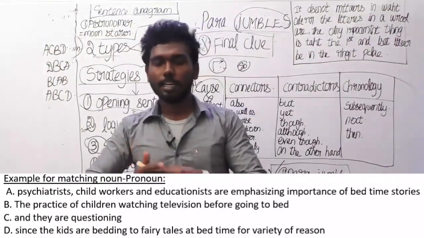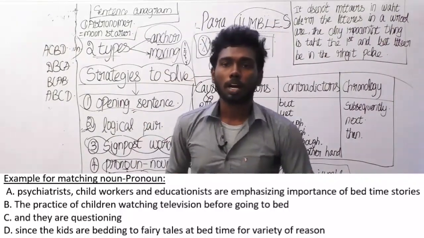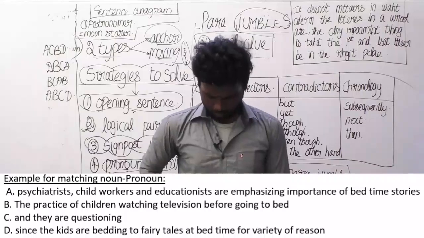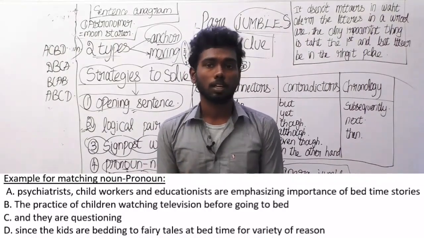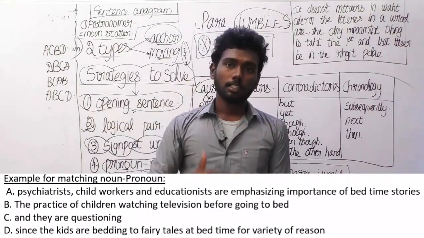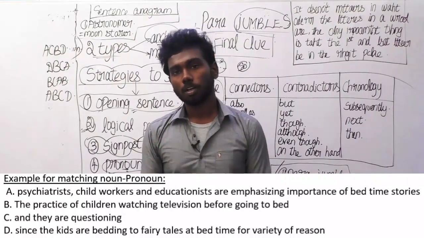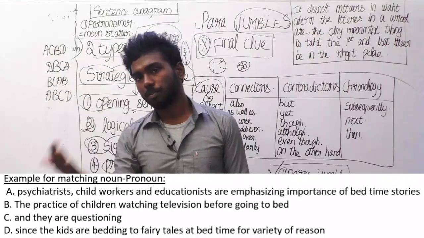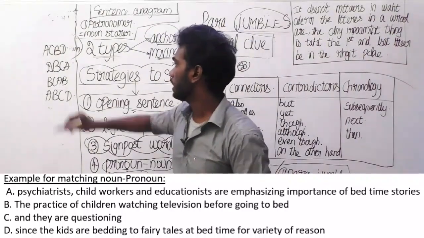I have already told you the pronoun will be followed by the noun. So read the question. In which two sentences are pronoun and noun followed by each other? The first sentence, psychiatrists, child workers and educationists. Then the third sentence, and they are questioning. So here the noun comes before the pronoun. So option A comes before option C. Look at this set of options.